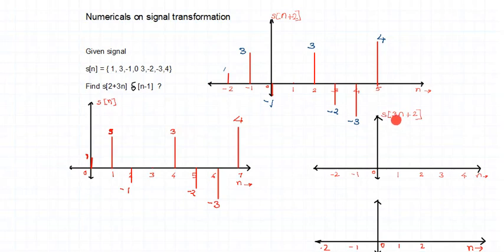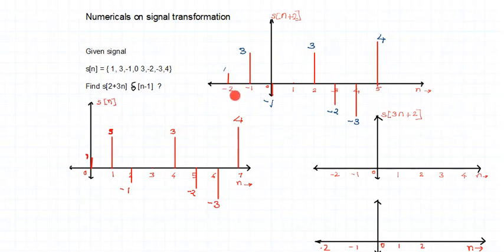We perform compression by dividing the base by the scaling factor. So scaling is by a factor of 3. So let us start to divide the base by 3, obtain the new base and plot the signals at those new base. Right? So the sample at -2, the signal starts at -2.